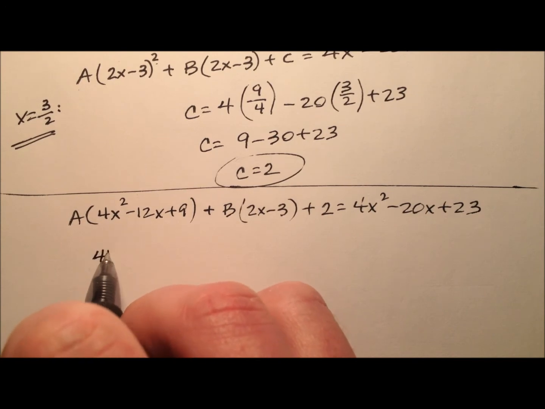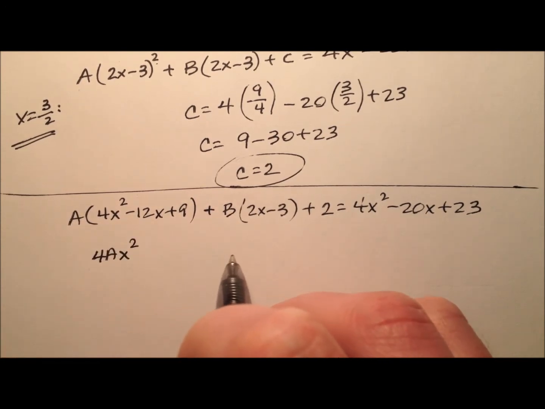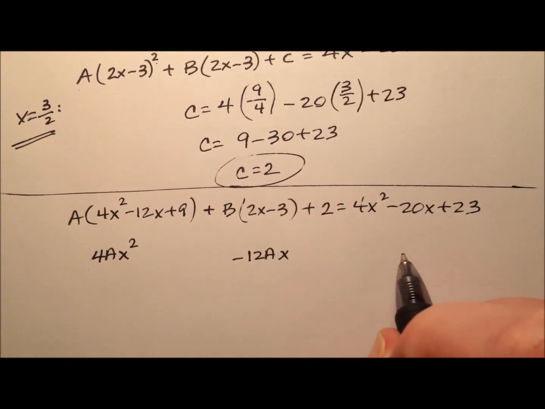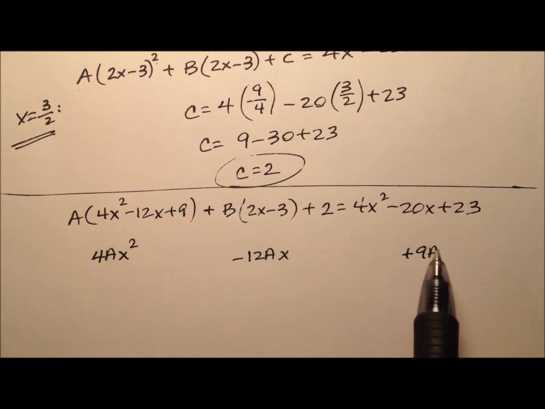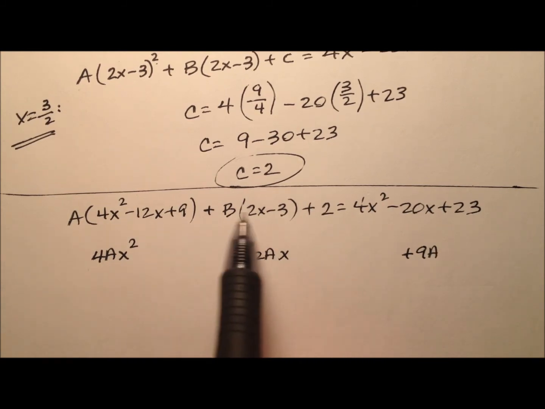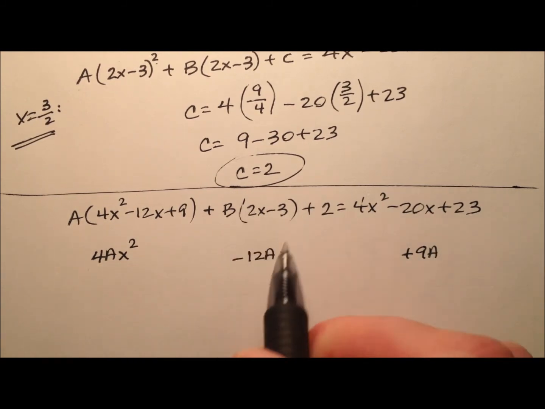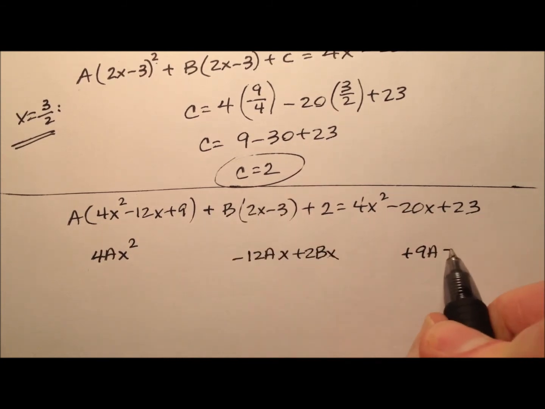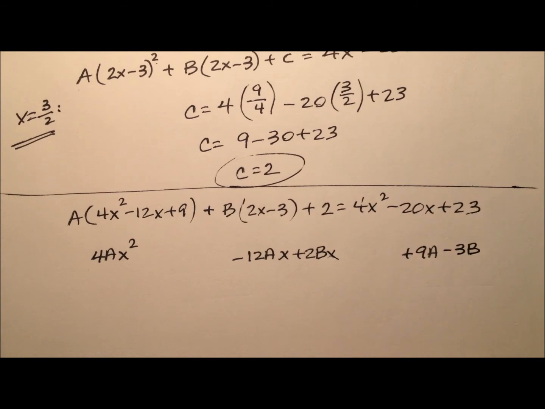So I have 4a x squared minus 12ax and then plus 9a. Those are my a's. Let's look at my b's now: plus 2bx, and then minus 3b, and then plus 2.